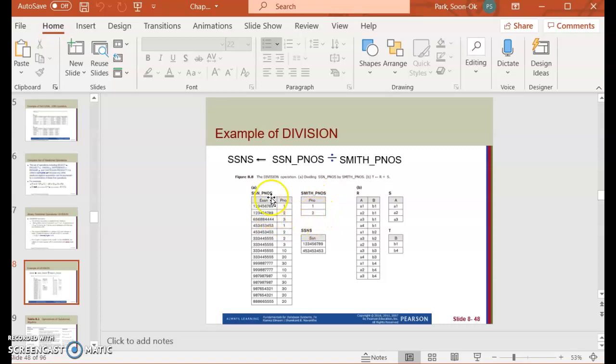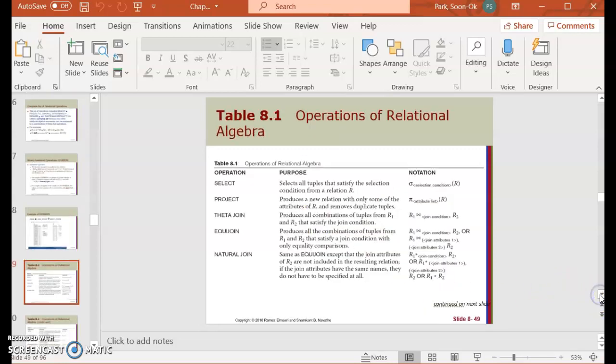So which employee SSNs work on both project number 1 and 2? This is the output. The division operator returns the two employees working on both projects 1 and 2. This is another example to see the division operator.